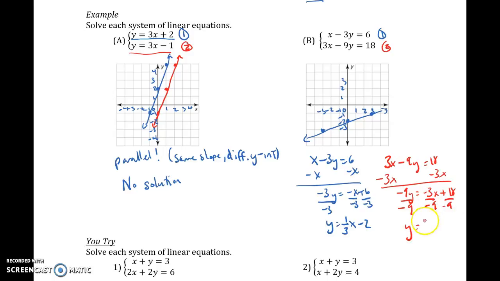Y equals positive 1/3 x minus 2. And right now we can already see right away they're the exact same equation, which already tells us it's infinitely many. But again, to graph it, you'll see I'm starting on the exact same y-intercept, moving the exact same slope. So these lines are actually the exact same line. So here we're going to say infinitely many.